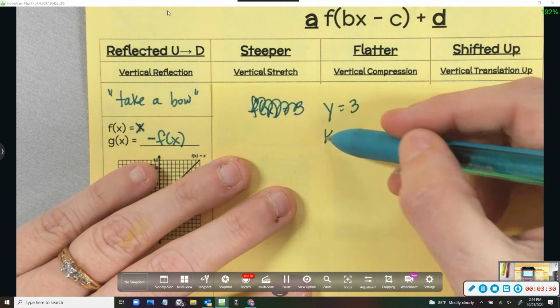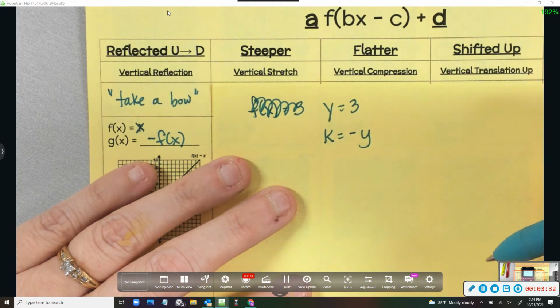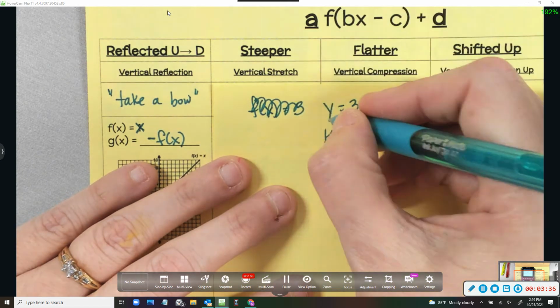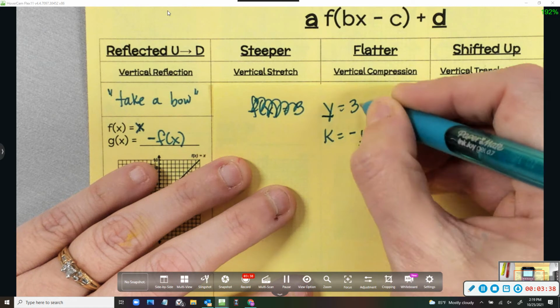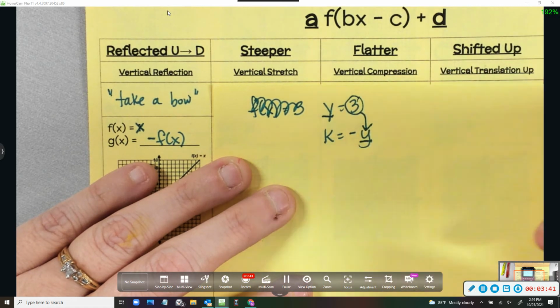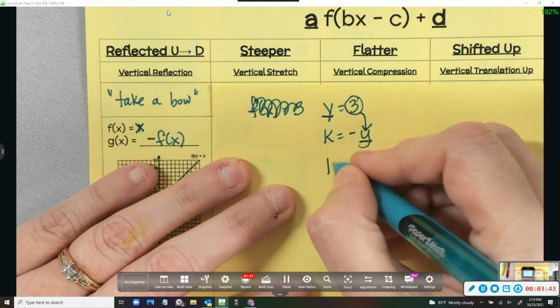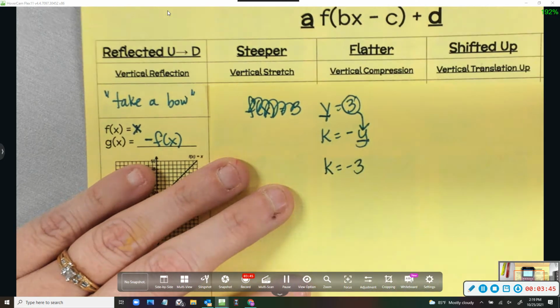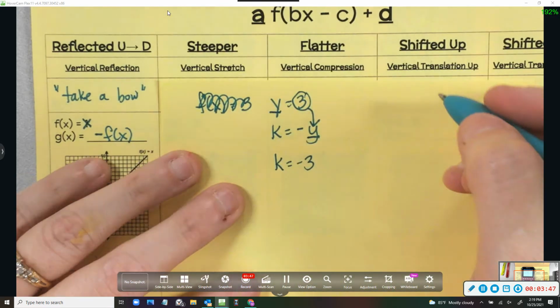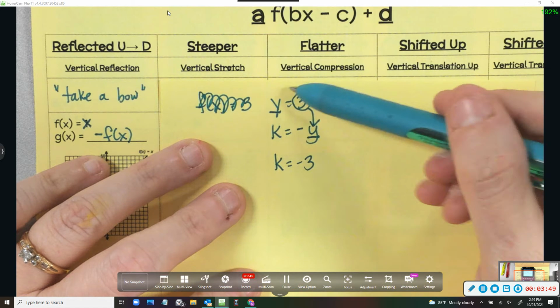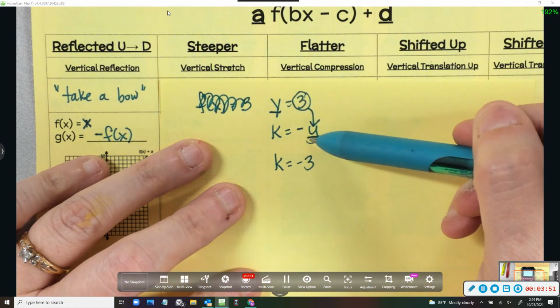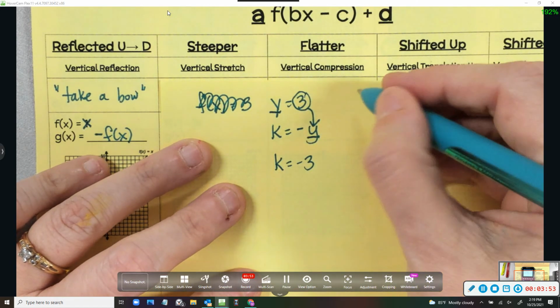How could I figure out what k was equal to? I could substitute 3 for y, because if these are both y, then anywhere I see a y, I can stick a 3. So that would mean k equals negative 3. Are y'all okay with that? Yeah.